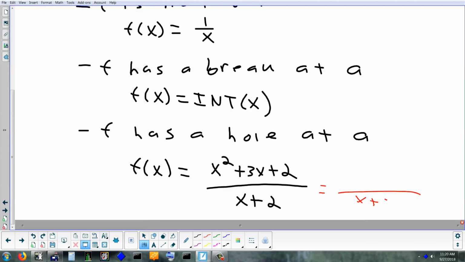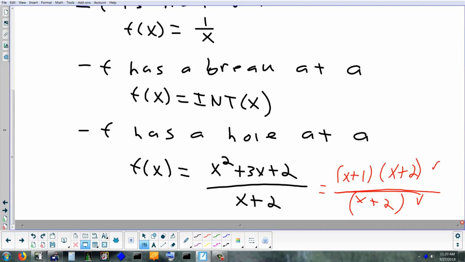Let's take the top and factor it. How does x squared plus 3x plus 2 factor? x plus 1, x plus 2. Yes. The reason this is happening is because you have a common factor in the top and in the bottom.